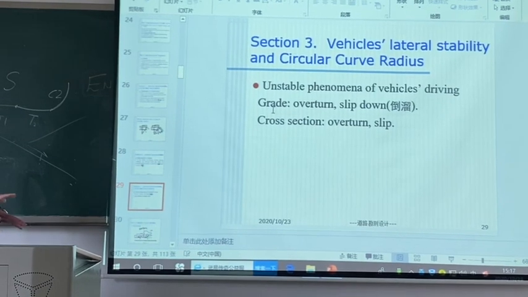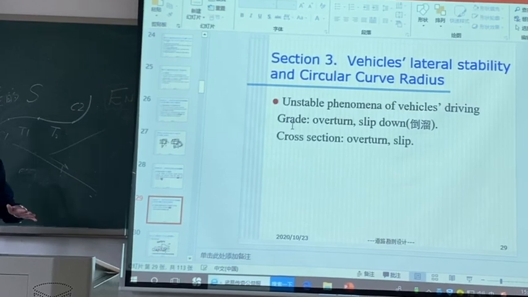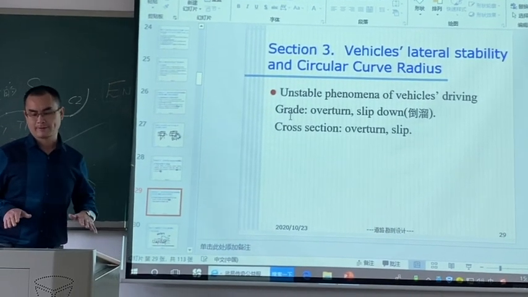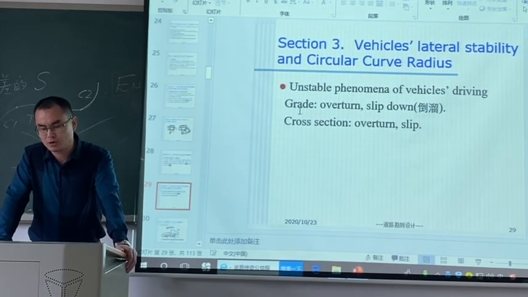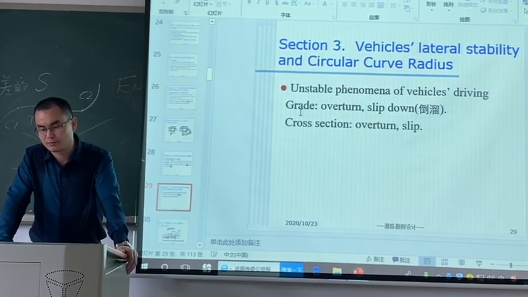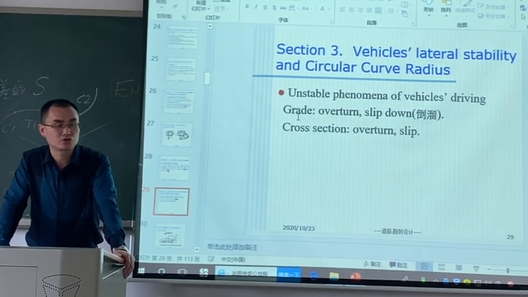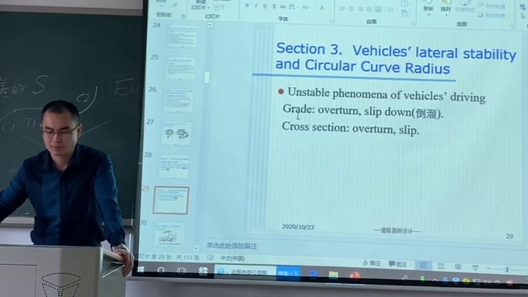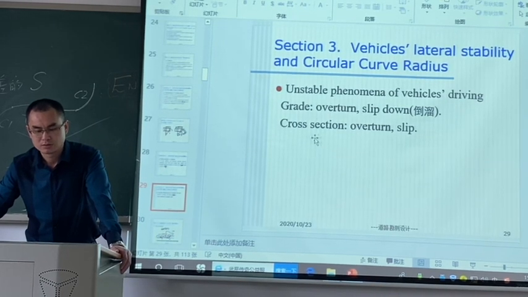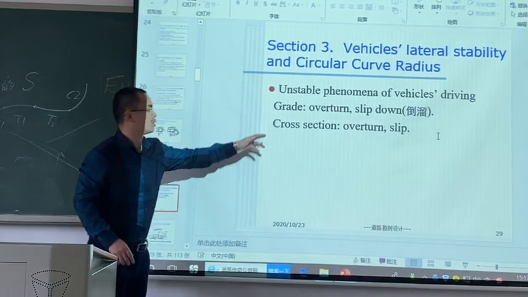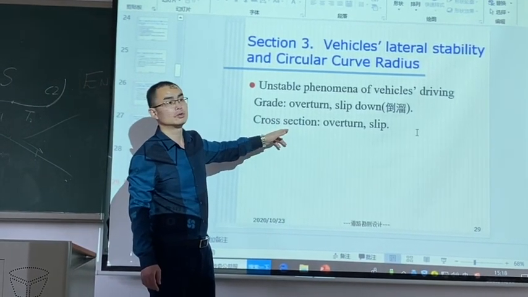On the cross section, the unstable phenomena of vehicle driving are overtake and slip. This on the cross section is related to the circular curve.